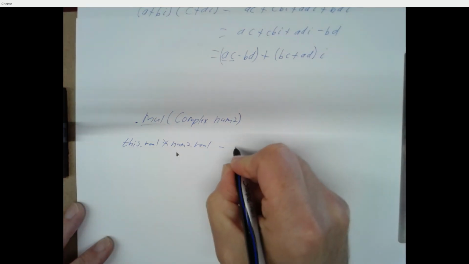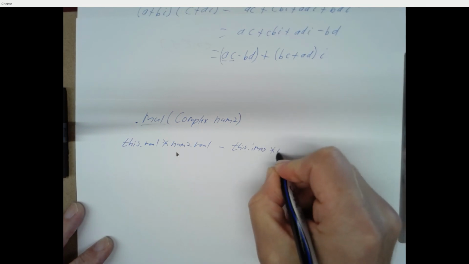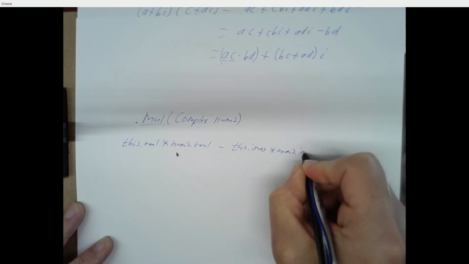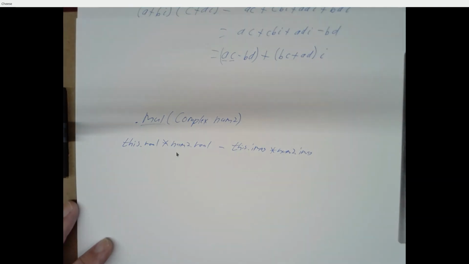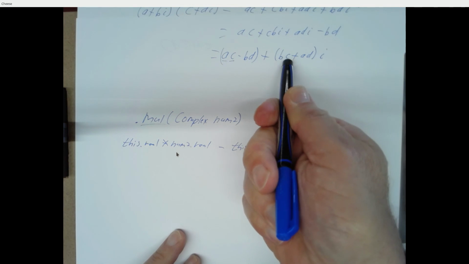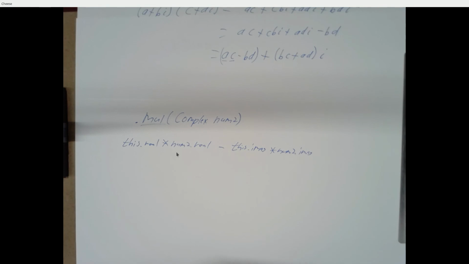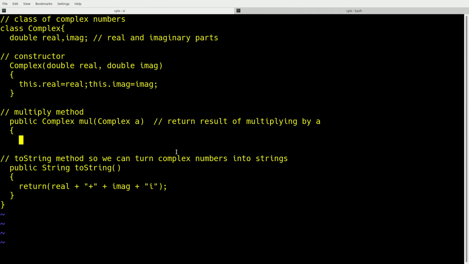And we want to subtract this dot imaginary times num2 dot imaginary. That's one of the two kind of subtle aspects of this. And then this will be, you know, this dot imaginary times num2 dot real, and this dot real times num2 dot imaginary. So don't worry about the algebraic details, right? We're just after mechanics here.